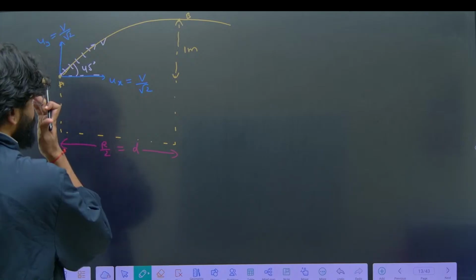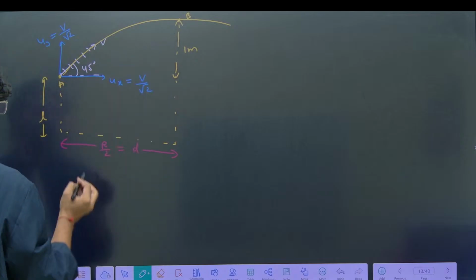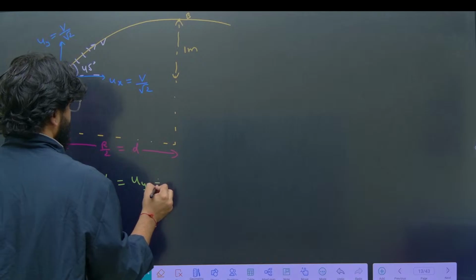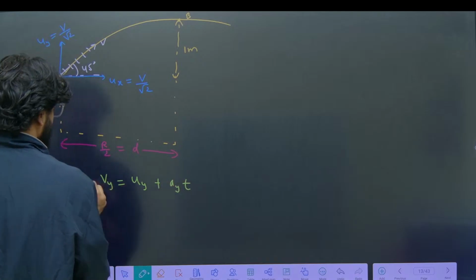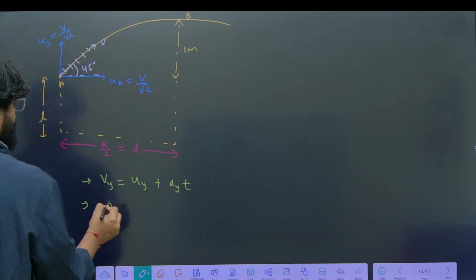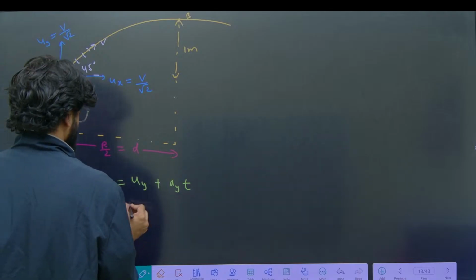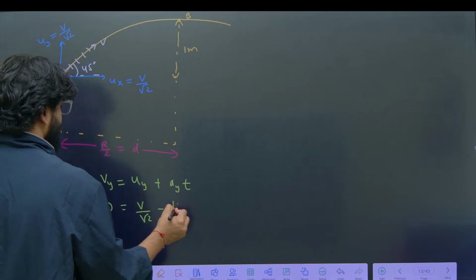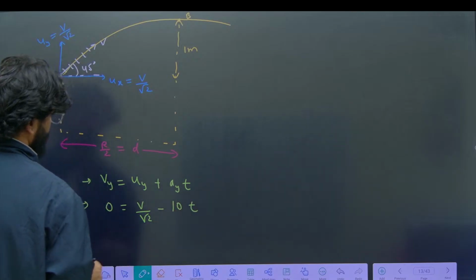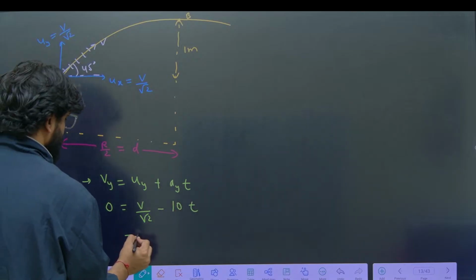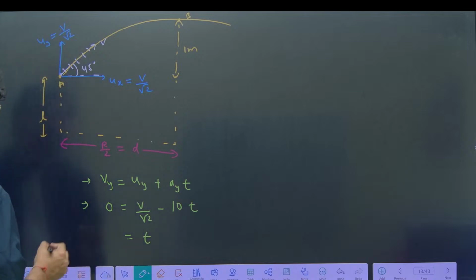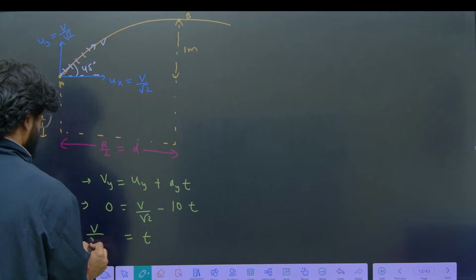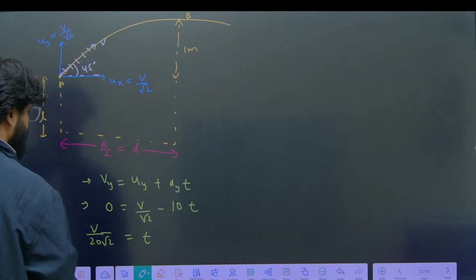From here to here, we can say Vy equals Uy plus Ay into T. Vy will become 0 at B. Uy is V by root 2, and Ay is 10 into T. So T is coming out as V upon 20 root 2, correct?